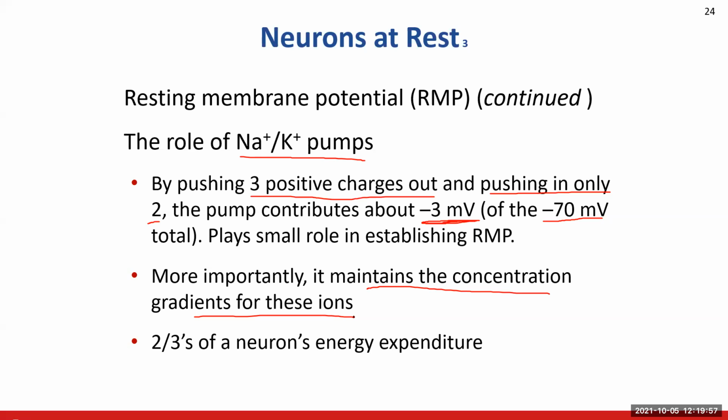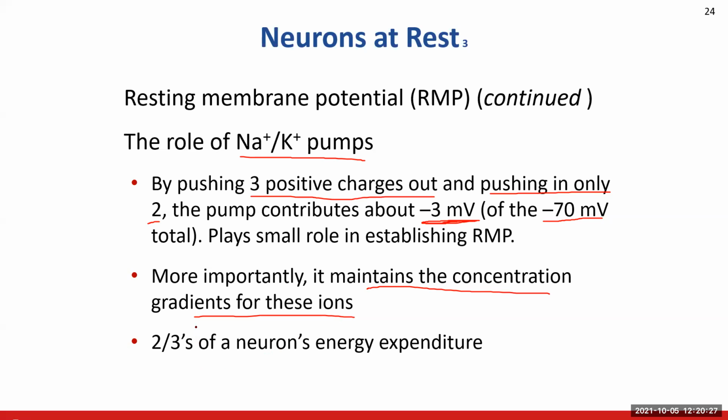That's a very important concept here. It's these pumps that push the sodium out of the cell, push the potassium into the cell, and maintain that more sodium is outside the cell and more potassium is inside the cell. So by maintaining that concentration gradient, those leak channels and those gated channels will allow the movement of sodium and potassium down their concentration gradients, which is important.